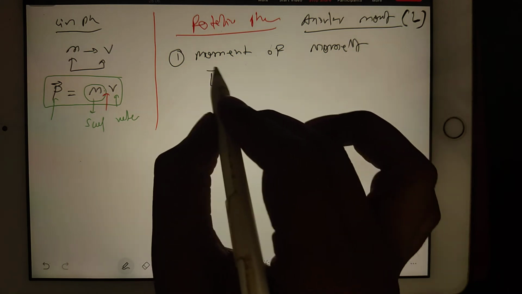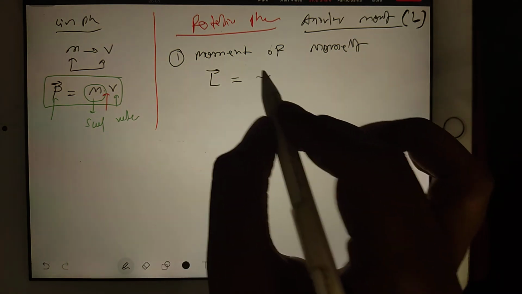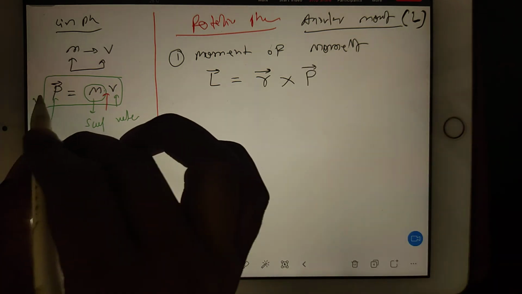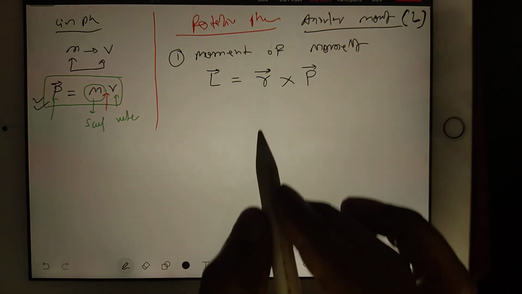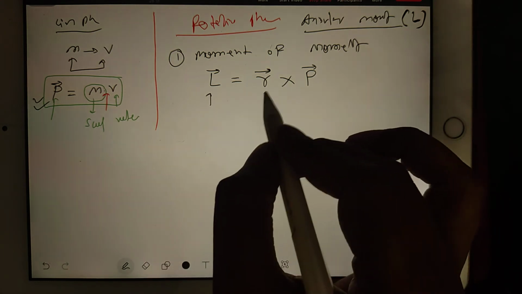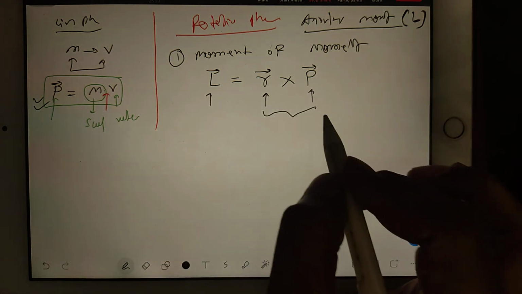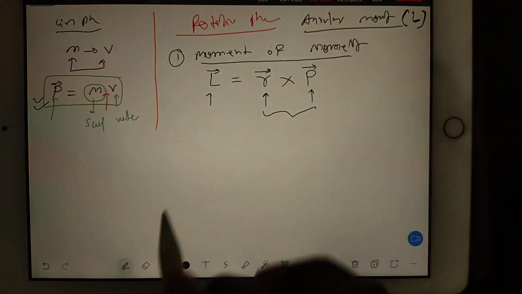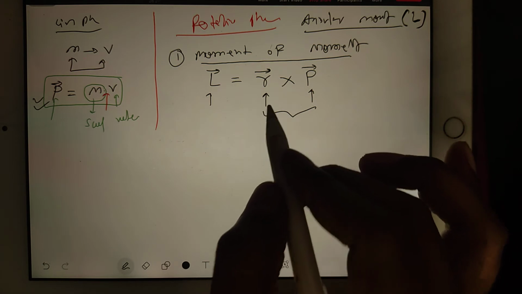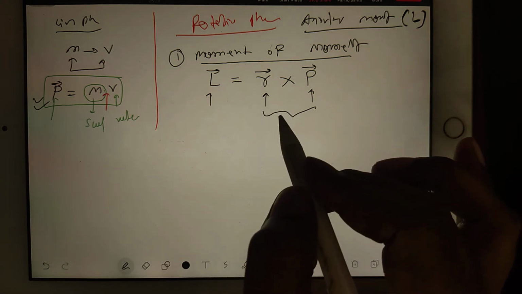This capital L is a vector quantity, and moment means you are going to multiply r cross momentum, and momentum is p here. So this is your angular momentum, and when you do r cross p, this property becomes moment of momentum, and it happens about a particular axis of rotation.